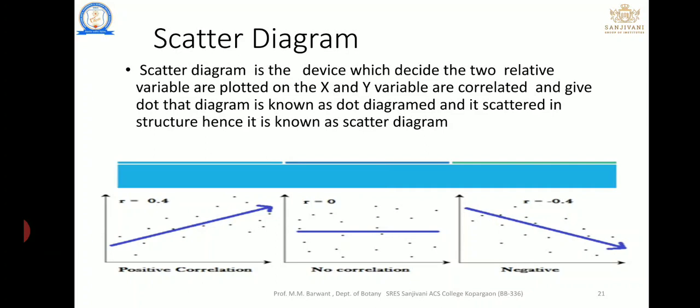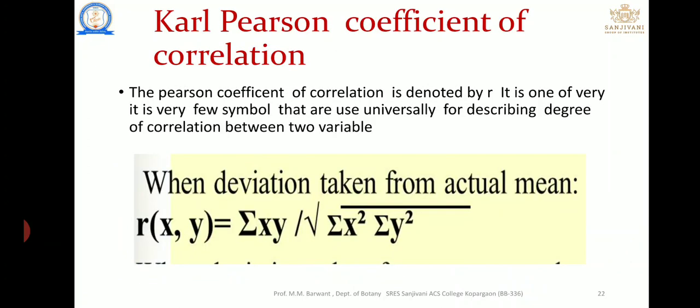Two related variables are plotted on the x and y axes and a dot is given. That diagram is known as a dot diagram. There are positive, negative and no correlation.